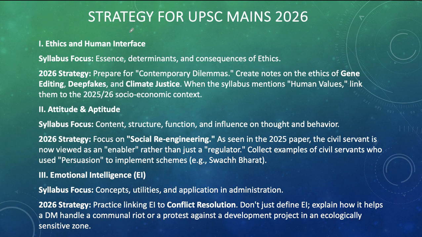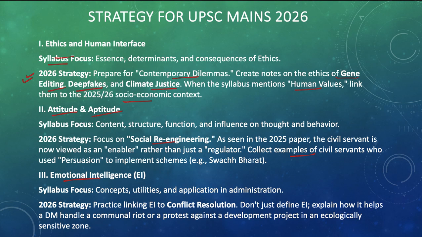Let's now focus on the strategy with respect to the syllabus. Ethics and human interface: with respect to this syllabus component, I would suggest preparing contemporary dilemmas like the ethics of gene editing, deepfakes, and climate justice. When the syllabus mentions human values, link them to the socio-economic context. Attitude and aptitude: work on the social re-engineering concept and collect examples of civil servants.